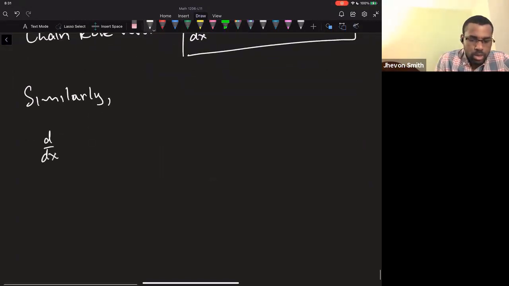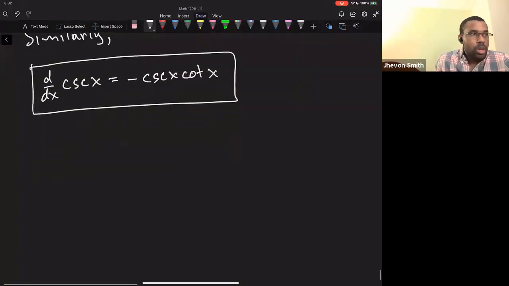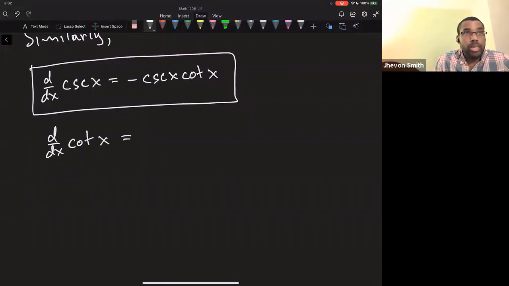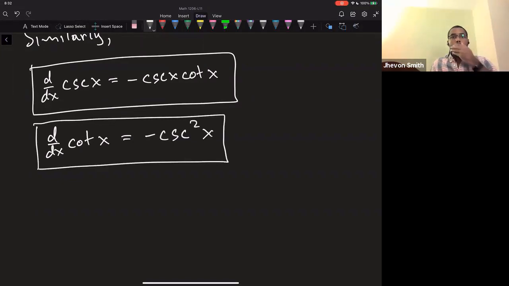The derivative of cosecant x is actually minus cosecant x cotangent x, and the derivative of the other one, cotangent x, is similar to tangent, but it has a negative. It's minus cosecant squared instead of the secant squared. So those are two rules.